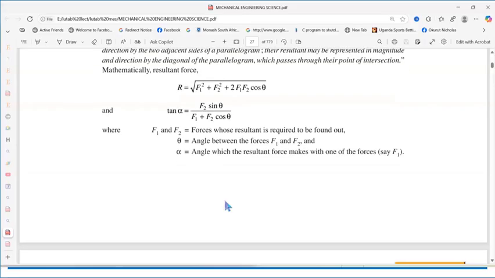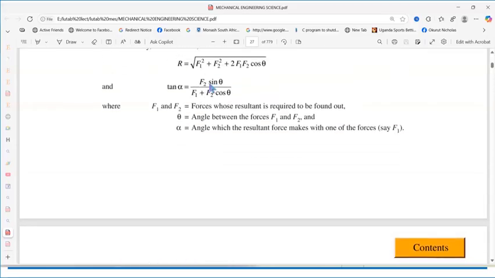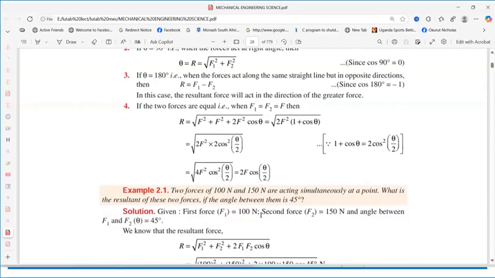But if F1 is on top and you have F2 down here, then that means the resultant makes an angle alpha with F2. So let me maybe make that one clear.